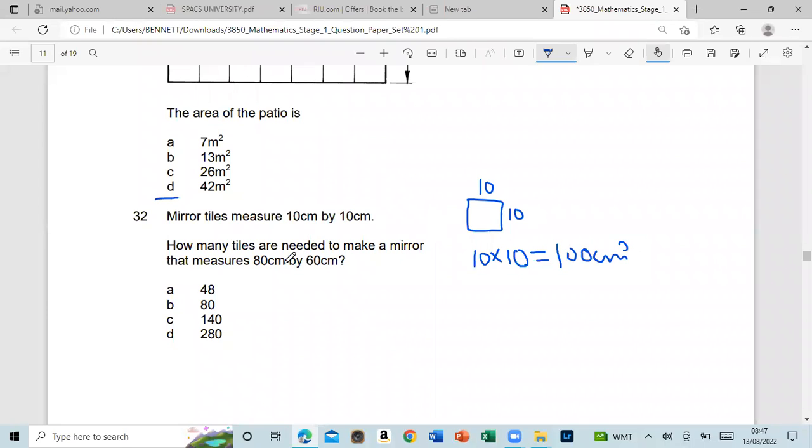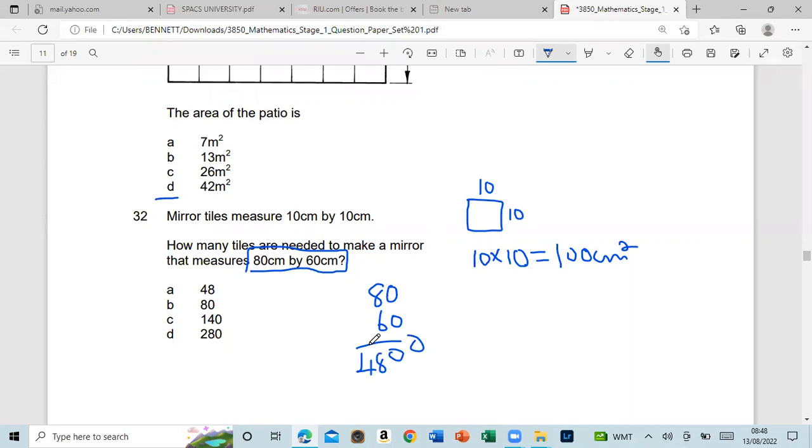So now we're going to find the area for this. It's 80 by 60, so we multiply 80 by 60. That gives 4,800.